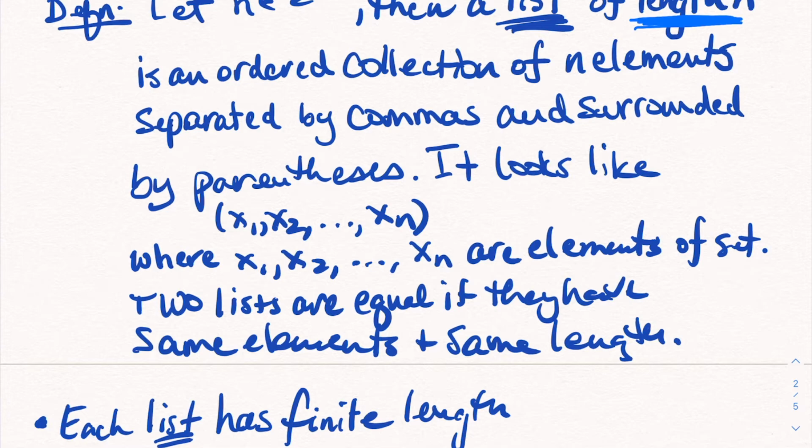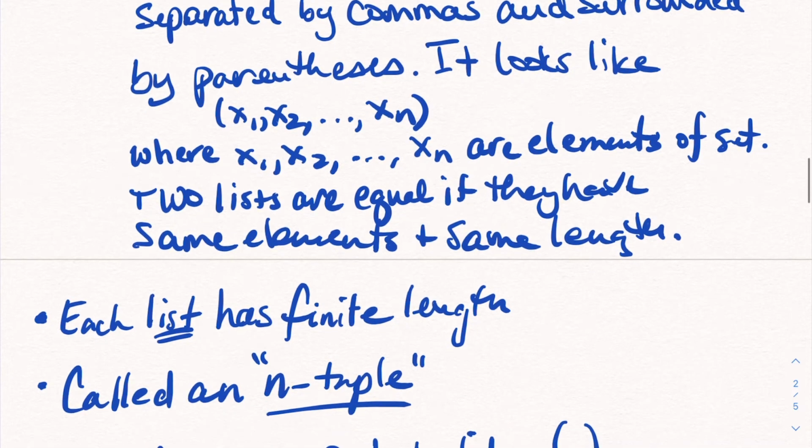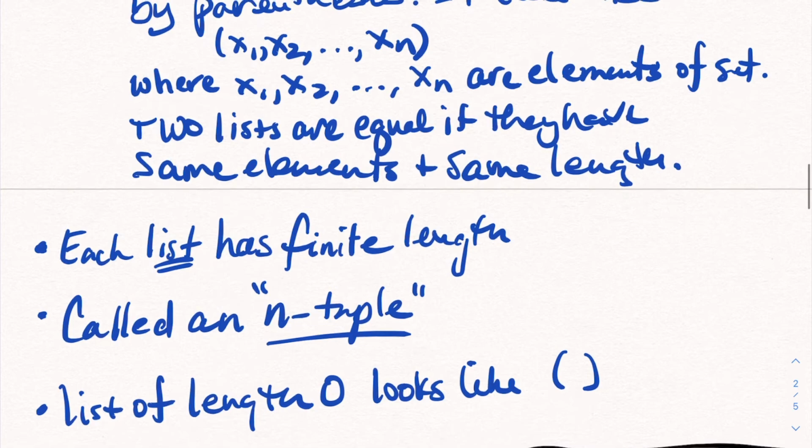A list has a length associated with it. That is the number of individual elements that are separated by commas. And it's important to note that two lists are equal if they have the same elements and they have the same length. And I would refer you back to your textbook for a couple of examples of how we think about a list and distinguish it from a set. Couple of things. Each list has a finite length.